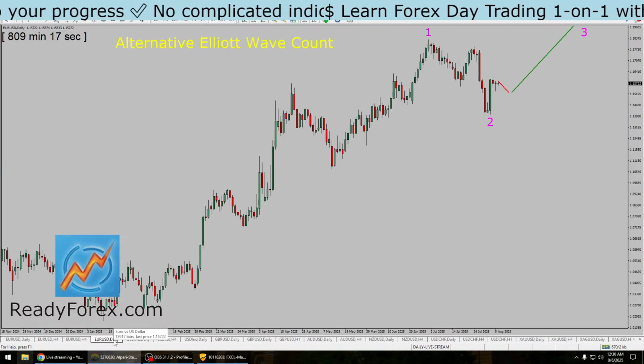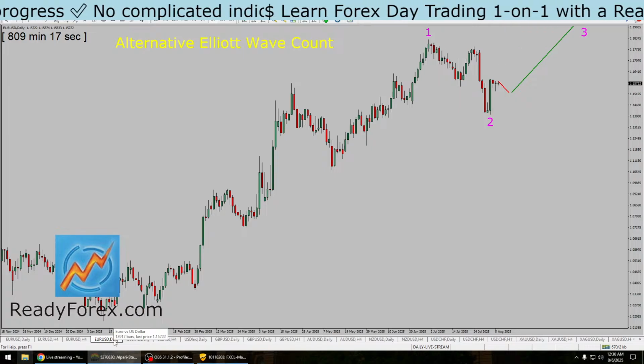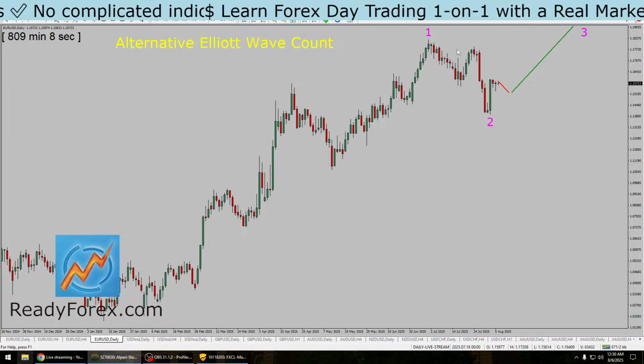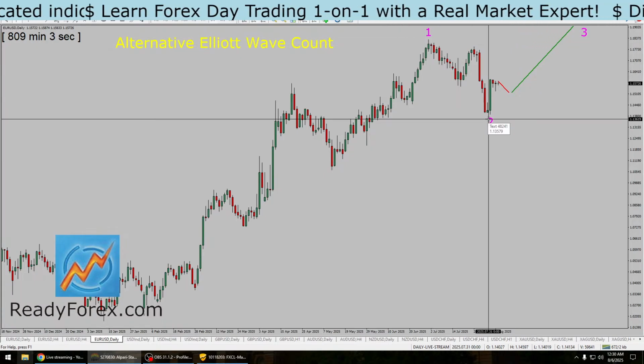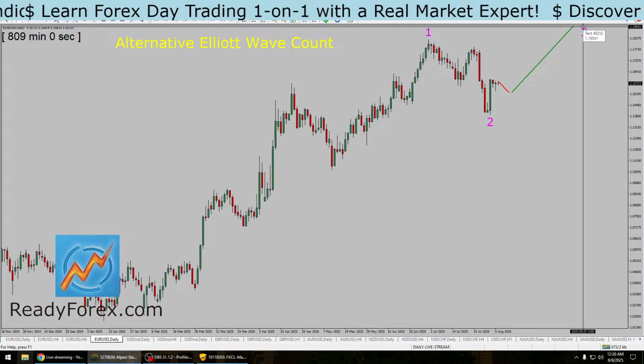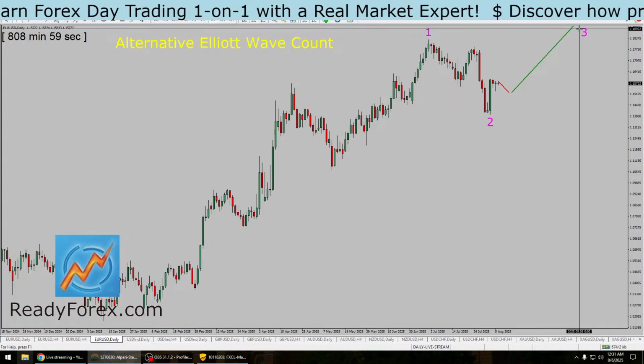Next one is the alternative Elliott wave count, also known as plan B, which suggests that this is a possible wave 1, wave 2, and expect a bullish leg wave 3 in the euro dollar currency pair.